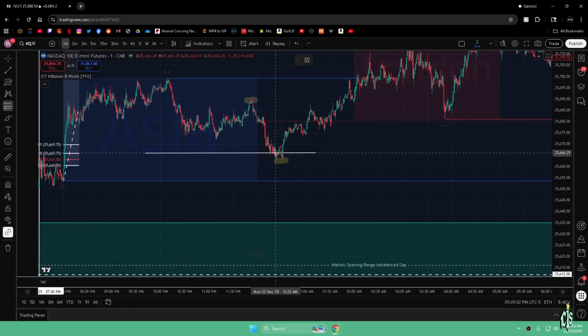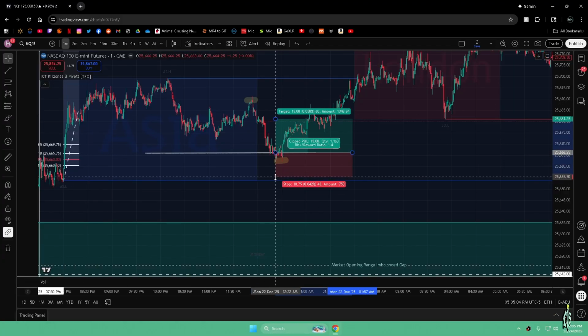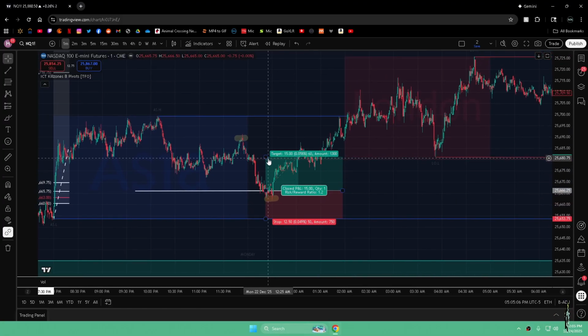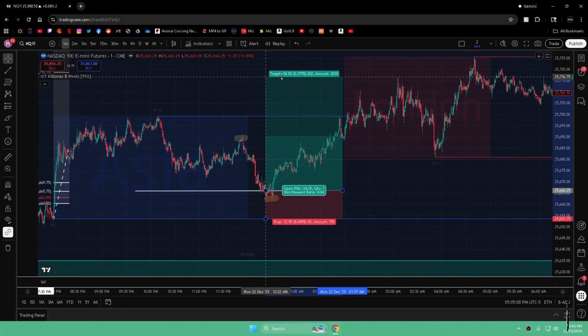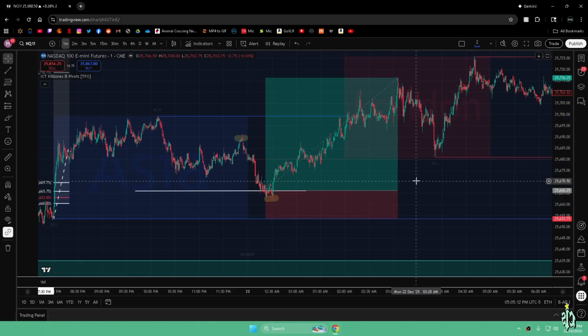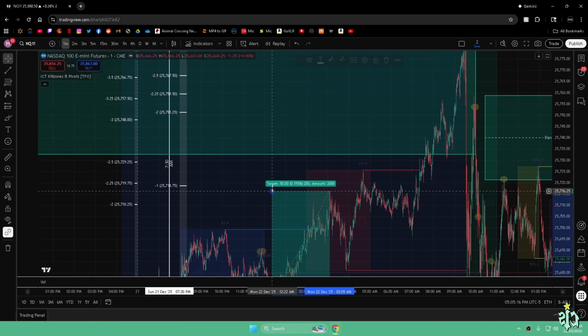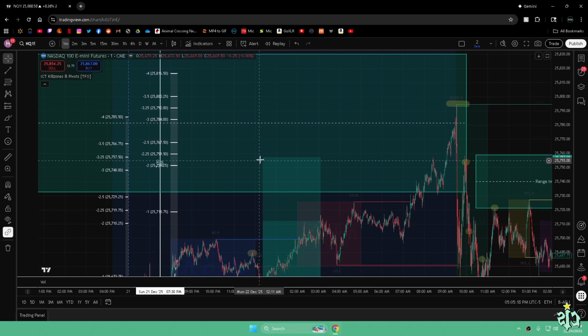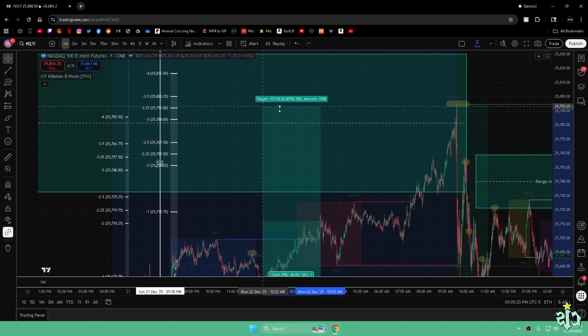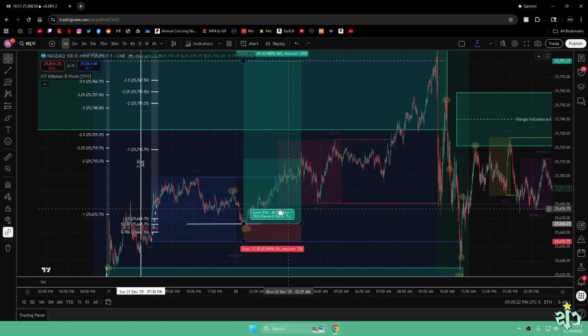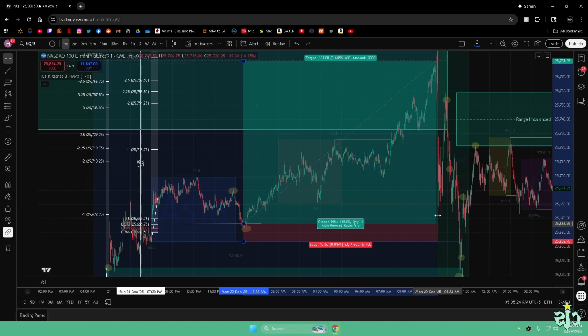Longs here with 50 points, or 56 I mean, and aiming for 200, and boom, there's your win right there. Or you could have taken it to the gap, and we'll just do, say, mid-range of the gap, and you could have got that win.